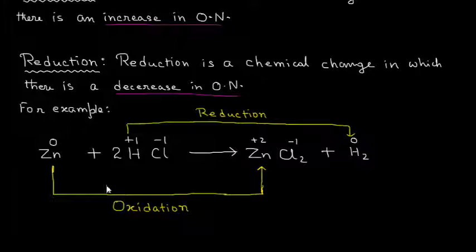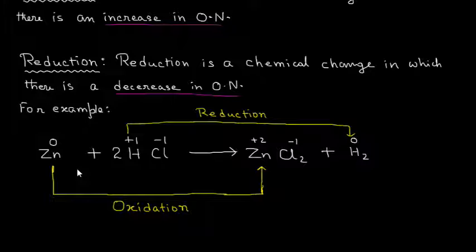So this is a redox reaction: Zn plus 2HCl gives ZnCl2 plus H2. In this we can see the reactant Zn has an oxidation number of 0, but in the product, while forming ZnCl2, Zn has a plus 2 oxidation state.